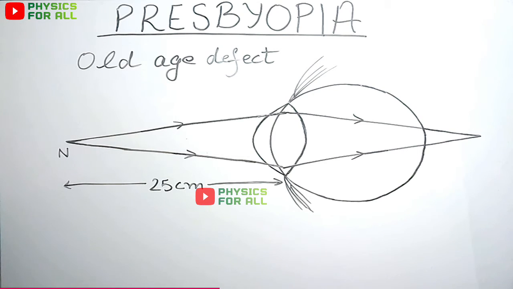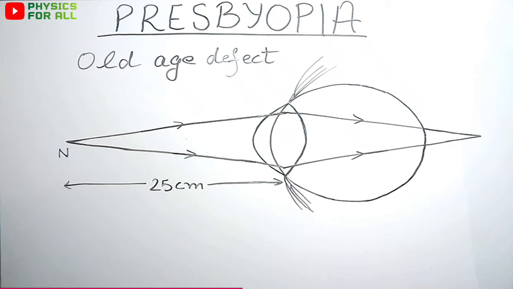One case could be this, because the more the distance light rays have to travel in converging to a point is basically the focal length. So usually rays should converge at this particular point. They should travel shorter distance, but they are traveling further and getting converged at the back of the retina. So that means the focal length of the lens has increased.